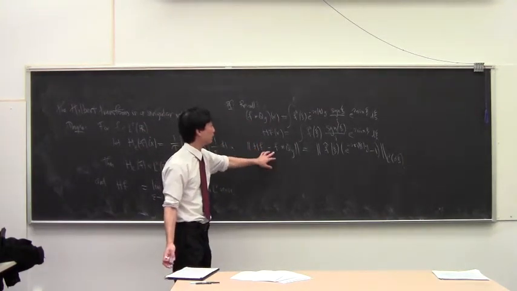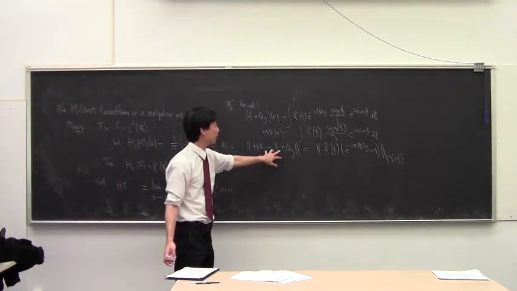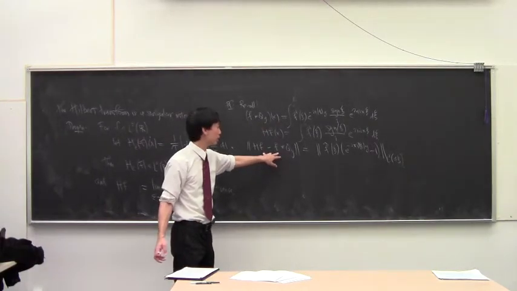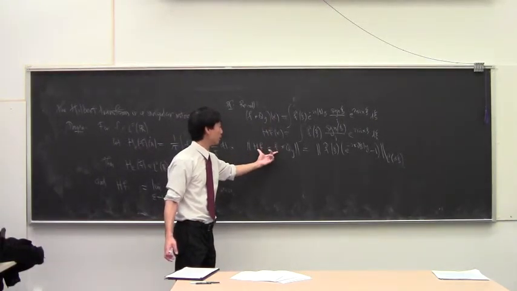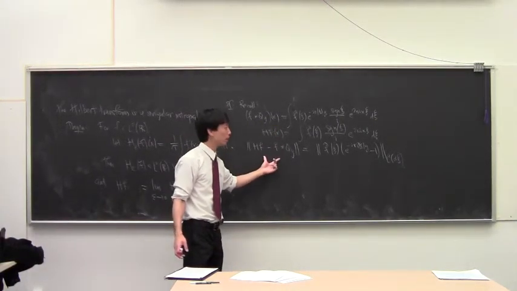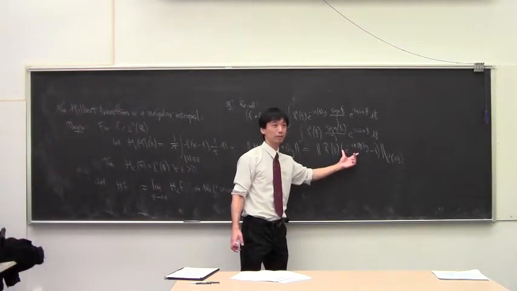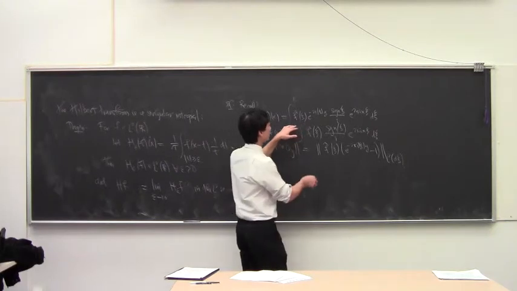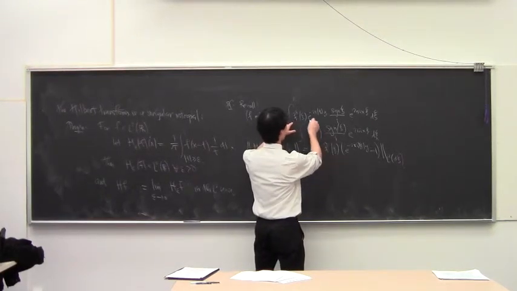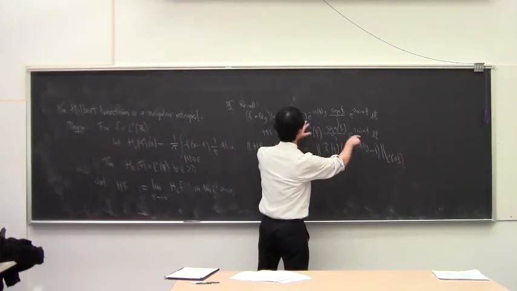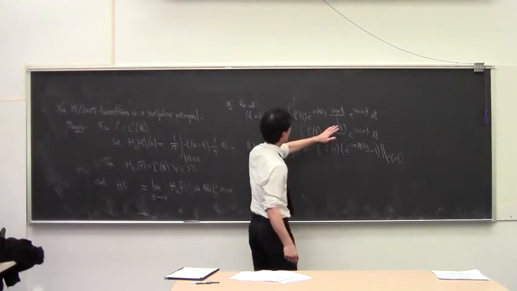Because the L2 norm of the difference is, by Plancherel's theorem, going to be the L2 norm of the Fourier transform of the difference, right? The Fourier transform of the difference is this thing, with some constant of size 1.